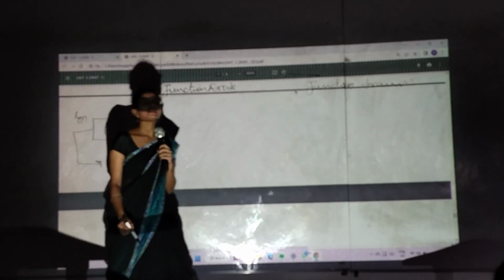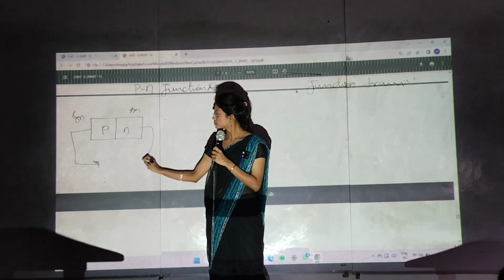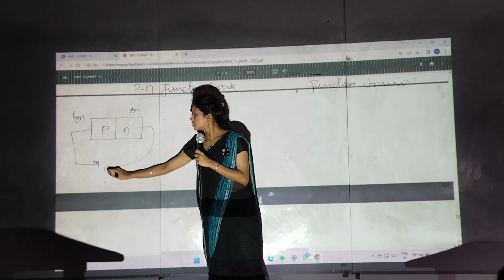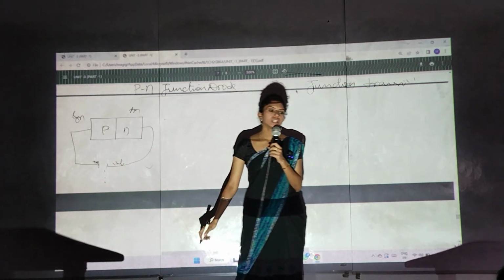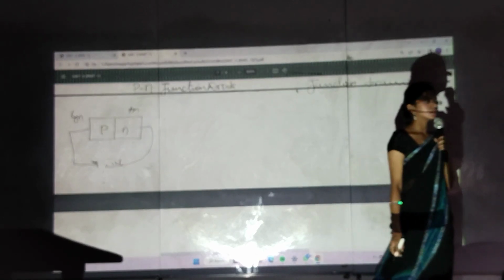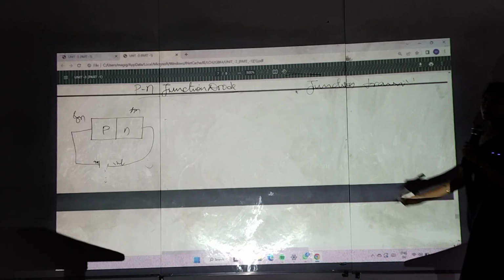Now, the N-type semiconductor I will connect to the negative terminal. So tell me, which bias is it, forward bias or reverse bias? Forward, right?